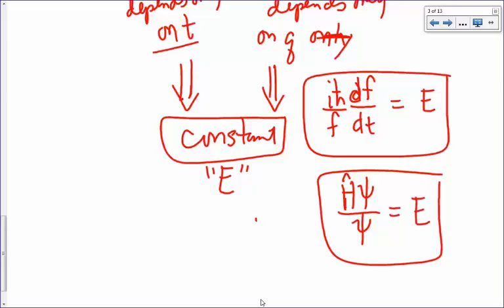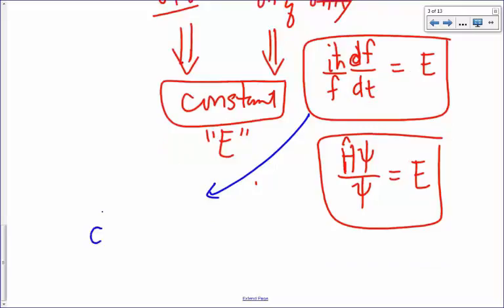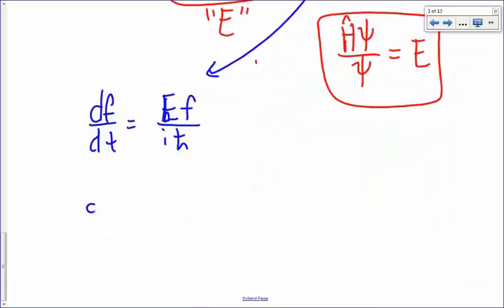And remember we said that these are the consequences of the Hamiltonian not being dependent on time, and if psi happens to be a function of coordinates times a function of time. But what is this one right here? How do you solve for that? df dt, let me rearrange that, is equal to E times f over i h bar, okay?